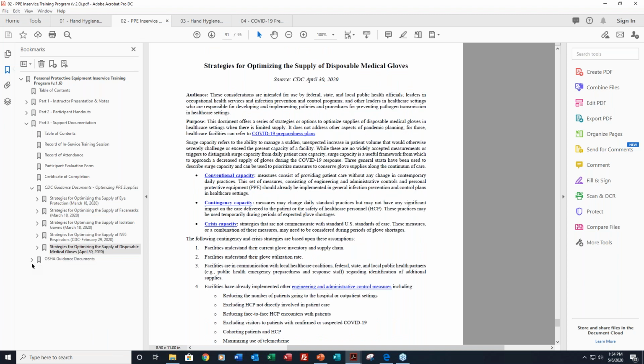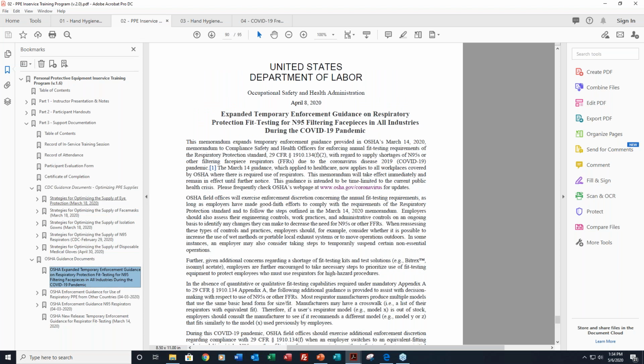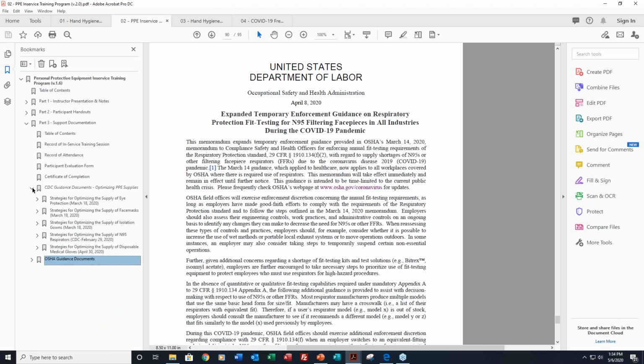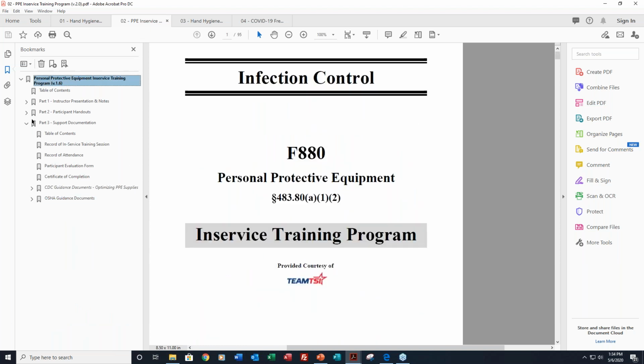So it has all of that document. It also has all of the OSHA documents that deal with your respirator use. So this training session has all of the support documents, and that's what makes your training program so effective, that you can support where the information comes from.